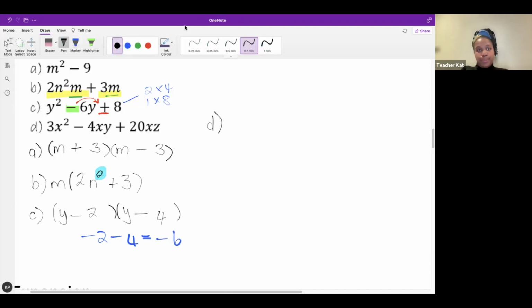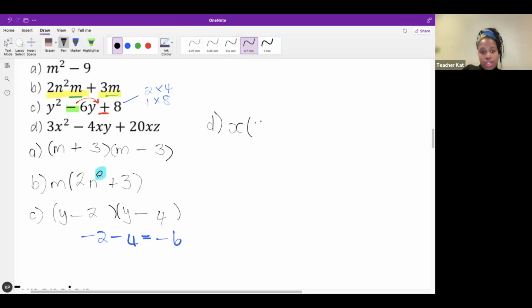D. How are we going to work with D? Highest common factor. Nice. So what is my common factor in D? X. So if I take out X, what's left for my first term?